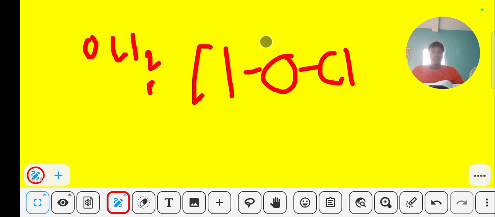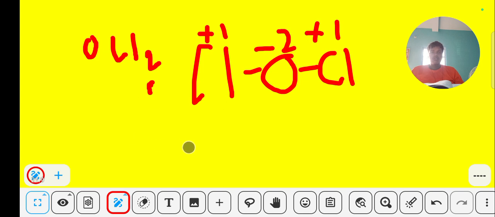Each Cl has minus 1 charge in the other case, but here oxygen is the more electronegative atom, so chlorine will get plus 1 and oxygen will get minus 2. So this is the exception case.